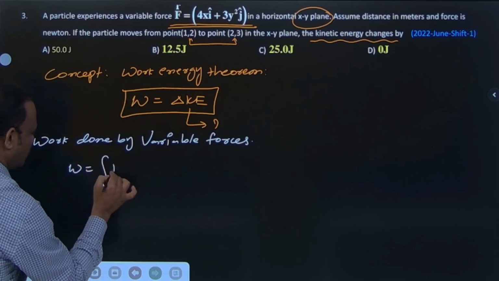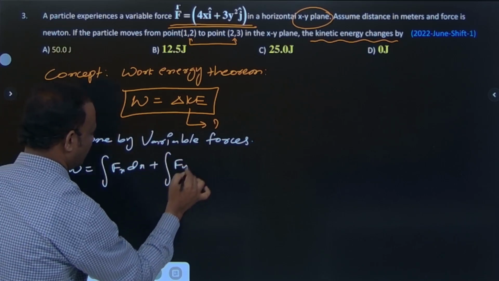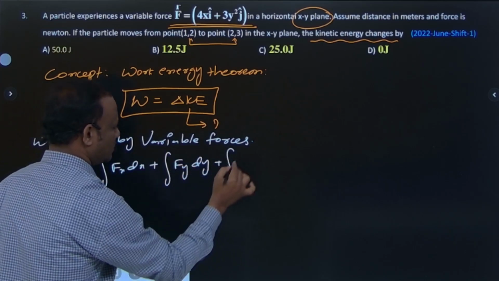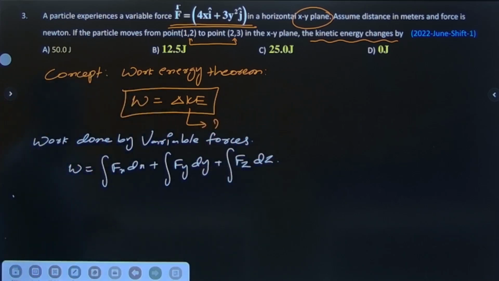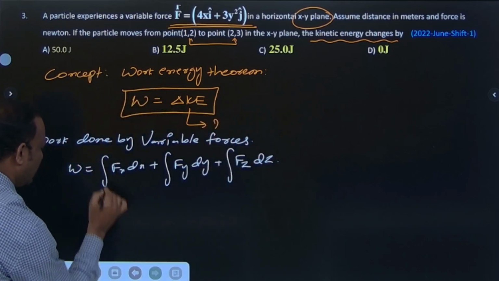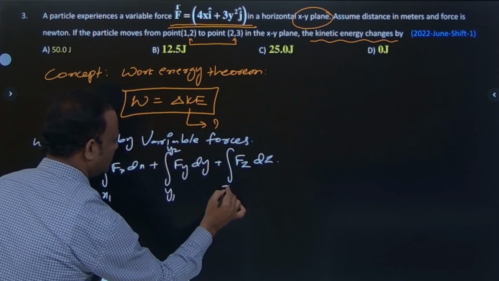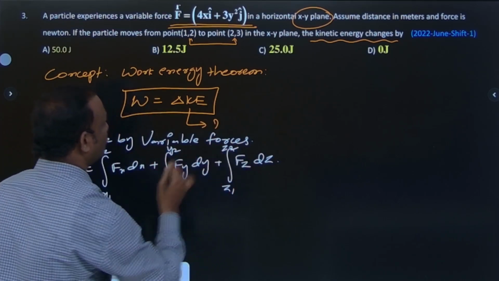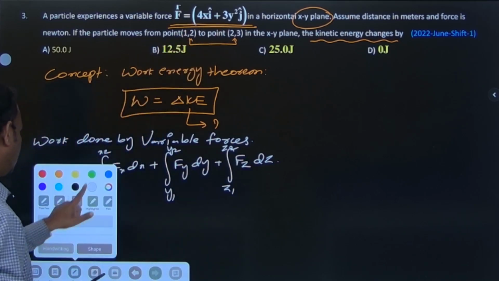W is equal to the integration of Fx dx plus the integration of Fy dy plus the integration of Fz dz. We know the limits are from x1 to x2, y1 to y2, z1 to z2. So is there a z in the picture? No, there is no z.